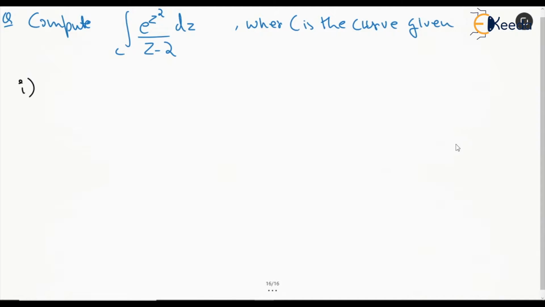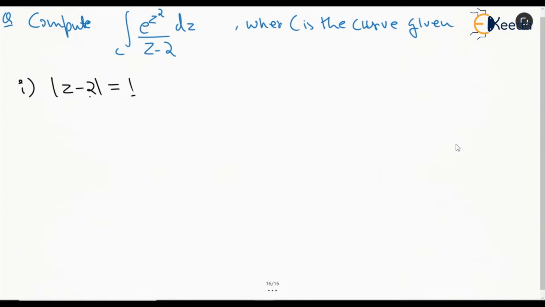For the first one, the curve given is a circle with radius 1 and centered at 2. Right? This is a circle centered at 2 with radius equal to 1.